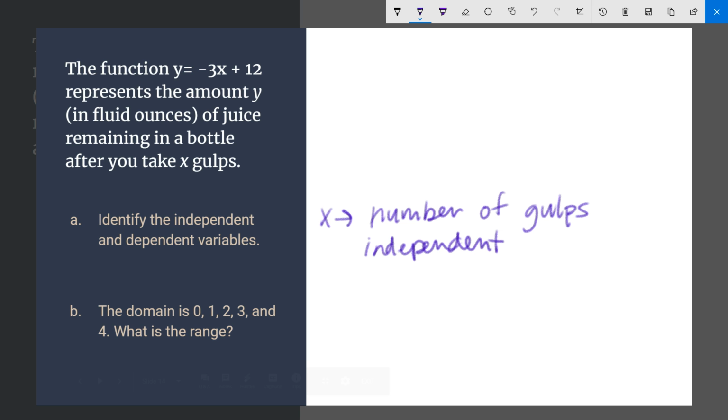So typically I like to explain that the independent variable affects the dependent variable. So depending on how many gulps you've taken will affect how much juice is in the bottle.